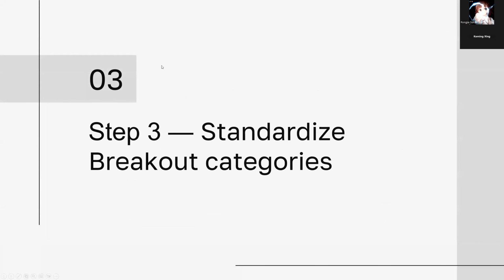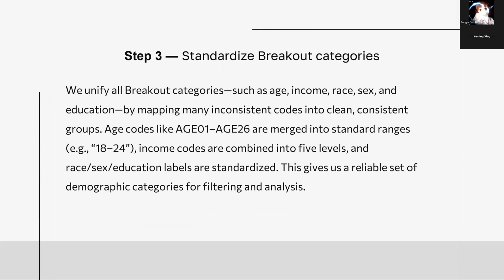Step three is to standardize the breakout categories, because the original dataset contains many different codes for the same group, such as over 20 age codes or multiple versions of income and education levels. We mapped all of them into clean, consistent labels like the seven standard age groups, which come from 18 to 24 up to 75 plus.